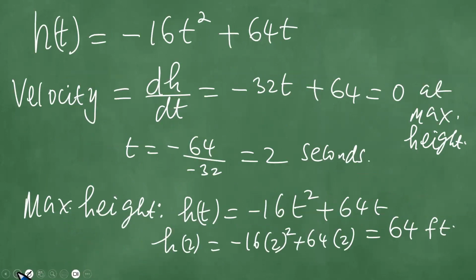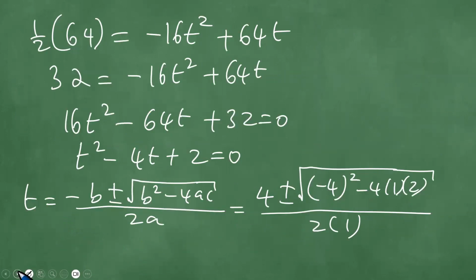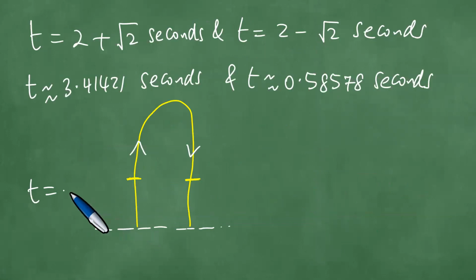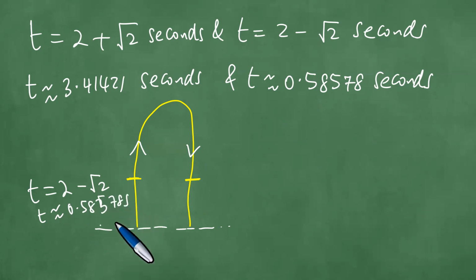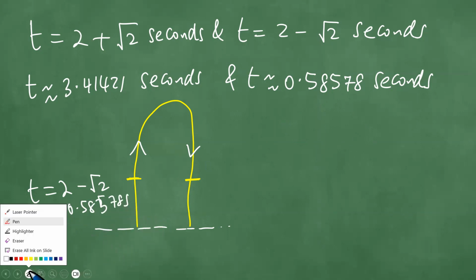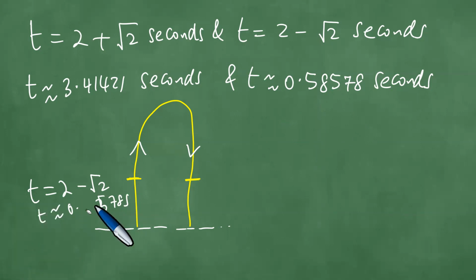So we're able to determine that. It will be at these 2 times. You have 2 minus the square root of 2, which means t is approximately 0.58578 seconds. Okay, so you need to just note that.